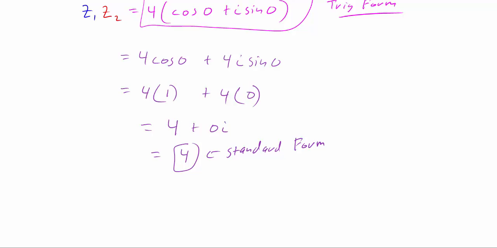Now, what would happen if we were to take the exact same problem, 2 plus 2i, and what if we were just to multiply it this way? We did this before. We could actually just multiply this in standard form using the FOIL method. So we could take 2 times 1, and then 2 times negative i, so that would be a negative 2i.